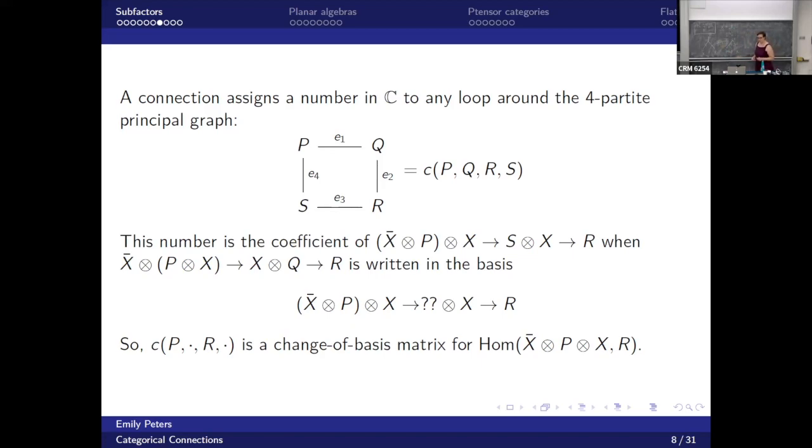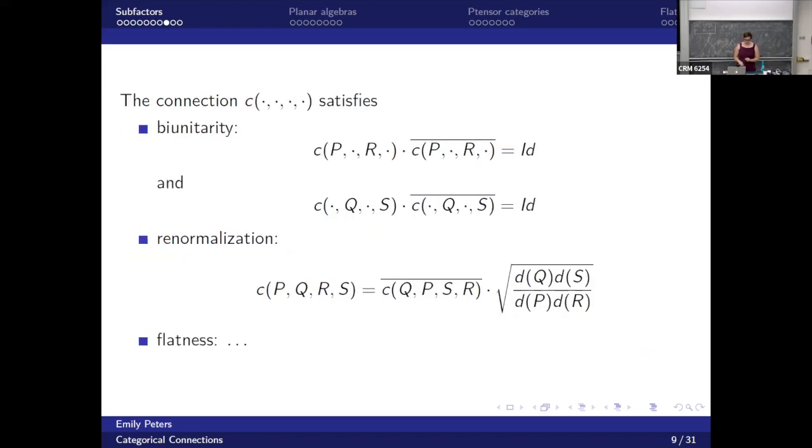Okay, so we have a change of basis matrix, and it satisfies some conditions. The biunitary condition is really just saying that it's a unitary matrix. And this second one is saying that if we turn our head 90 degrees, it's still a unitary matrix. I actually mean that about turning your head 90 degrees. Remember that we picked a way to walk around this square, but really we could take any path we want along the square.